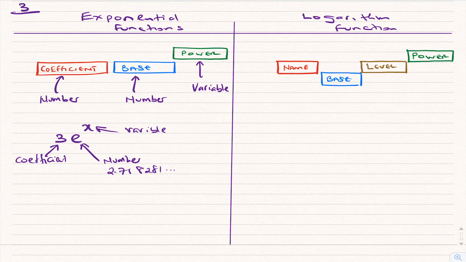Or you might write 2 to the power of x, which is another exponential function. There is 1 in front of the 2, which is a coefficient. Or you might write 3 to the power of x.